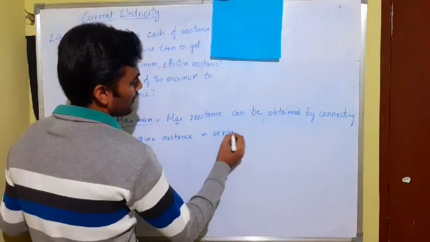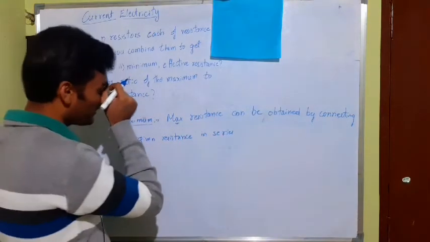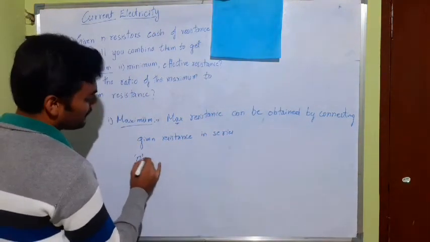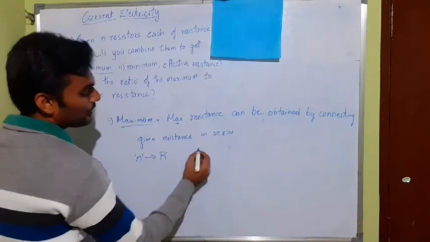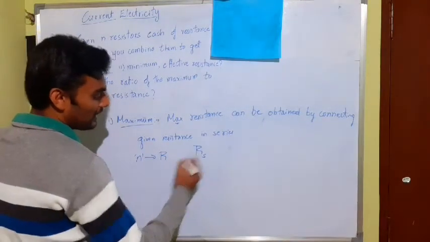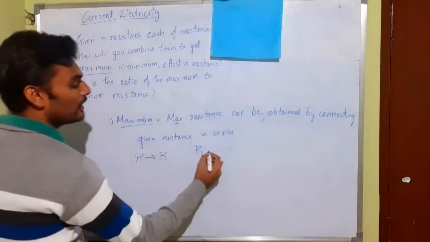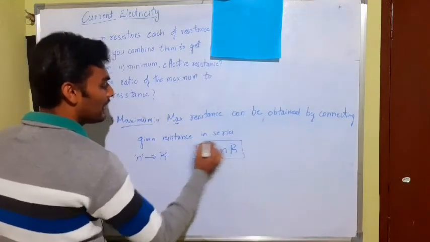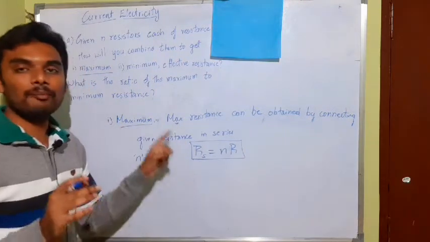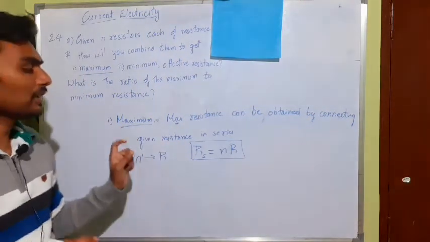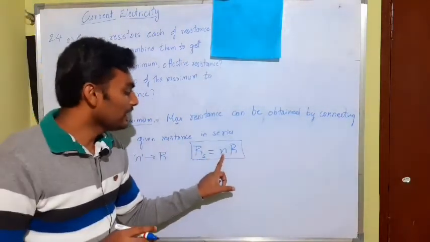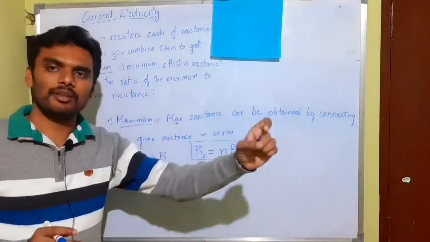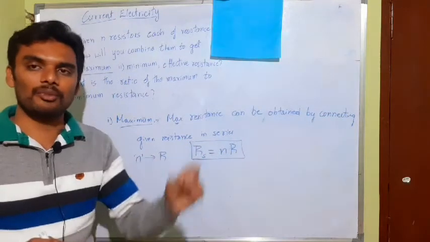So how many resistors do we have? N resistors, and each resistor has the resistance of R. All of them put together, Rs in series, is equal to NR, isn't it? It's the direct expression, and this is the maximum resistance that we can get by combining N resistors, each of resistance R. Quite simple, series combination.